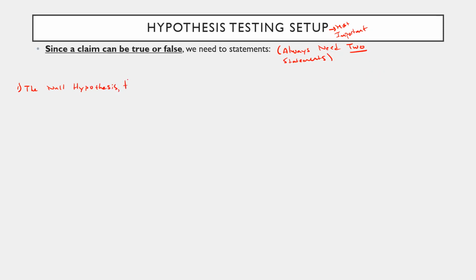This is denoted with an H with a subscripted 0. Now this null hypothesis is a statement to be tested. Here's the thing about the null hypothesis: it is assumed to be true until evidence suggests otherwise.